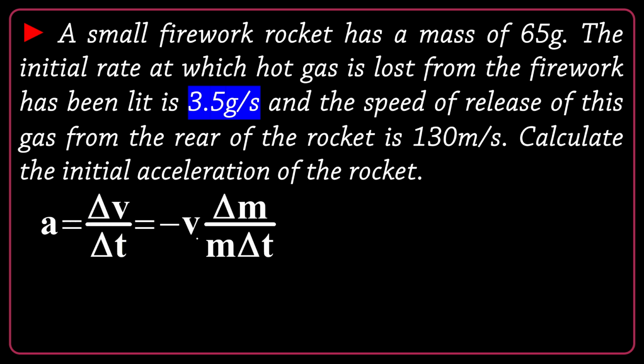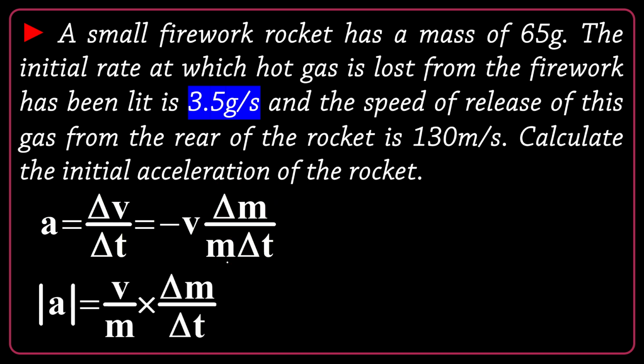Let's do it like that. Acceleration is negative v over m times delta m over delta t. We have almost everything, so let me write it like this. As we are looking for the magnitude of the acceleration, I ignore the negative sign. Here the v is going to be 130 meters per second. Mass is the mass of the rocket.